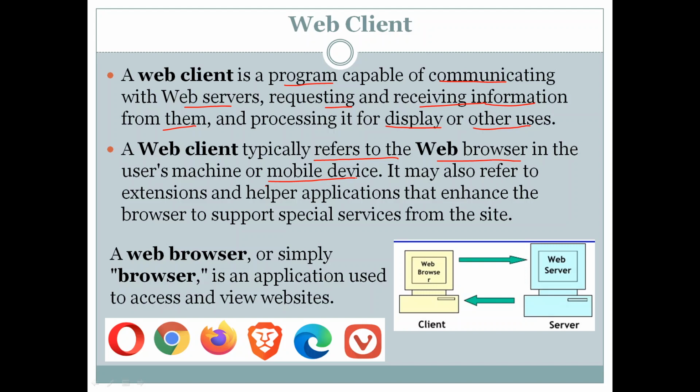I open a browser, I type the URL facebook.com and I simply press enter. So the web browser sends a request to the Facebook server, and the Facebook server returns the Facebook page, and that is displayed on my web browser. A browser displays the page. So you can say a web browser is a web client.